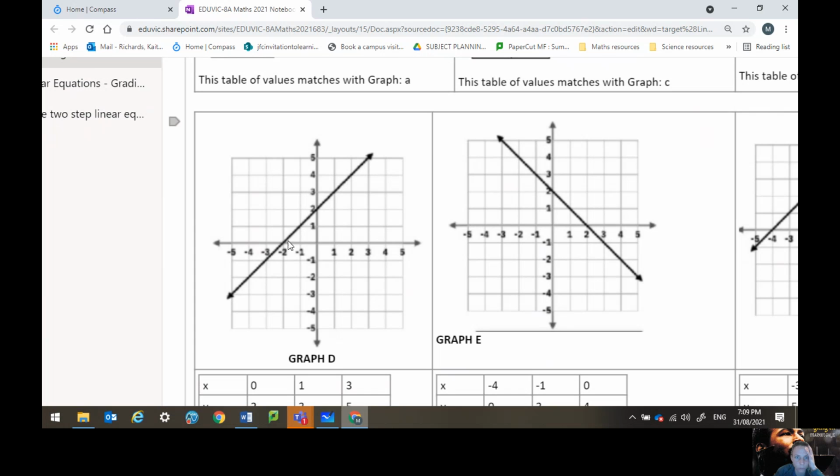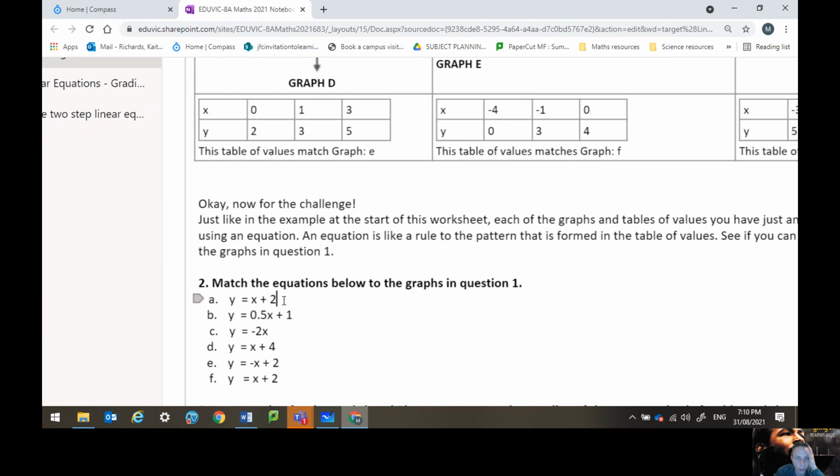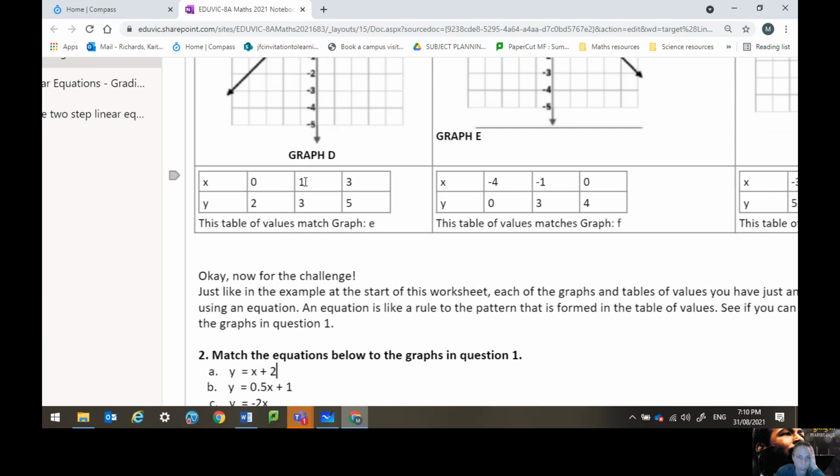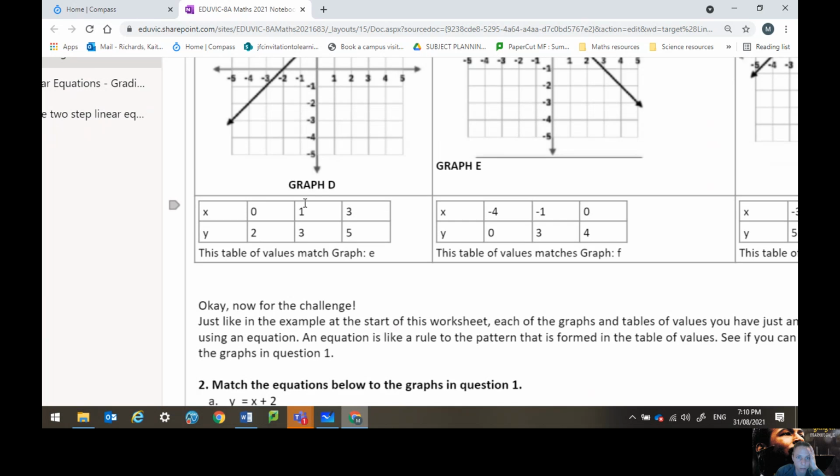Okay, so I'm going to check again. Let's just pretend that x is 1. So that must mean it's going to be 1 plus 2. Last time I checked, that was 3. Okay, so when x is 1, y is 3.